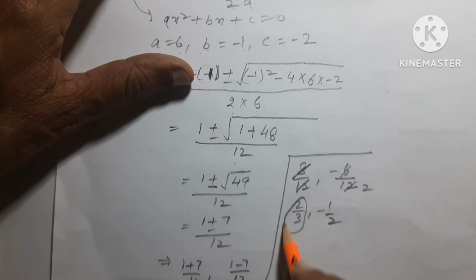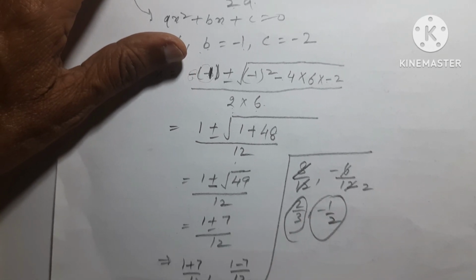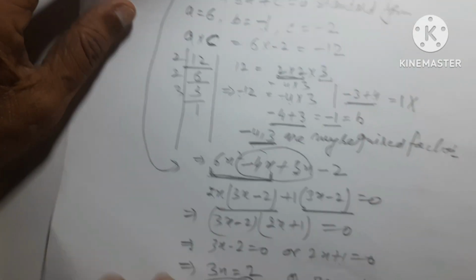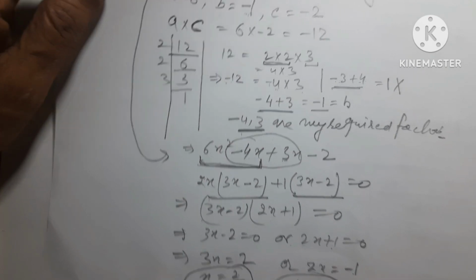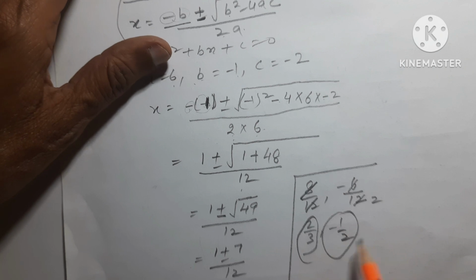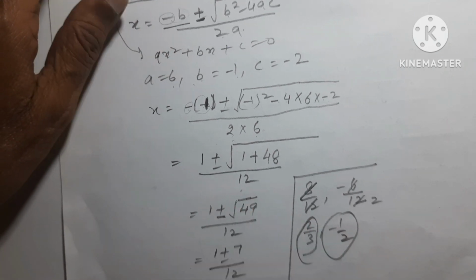So you have found the same value which you have found earlier: minus 1 by 2 and 2 by 3, same value. So this is the use of the quadratic formula.